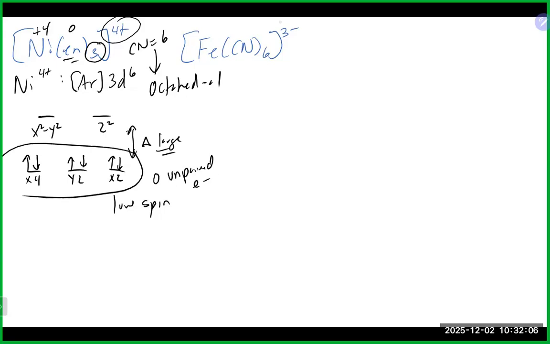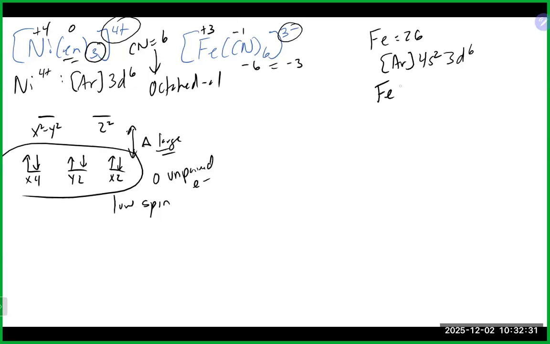Coming over here to our iron guy, Cn is -1. There are 6 of them, so it's -6. We got a -3 left over. That's going to be a +3 there for our iron. Iron again being 26 with no charge, it's going to get us an argon 4s2 3d6.